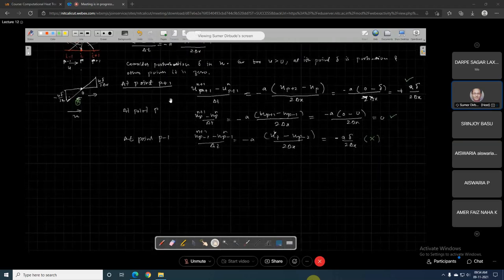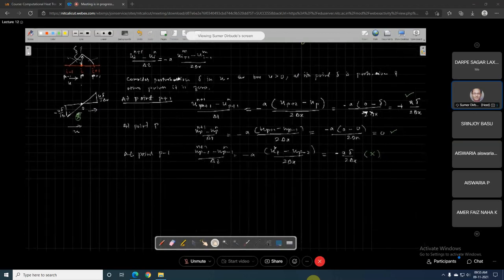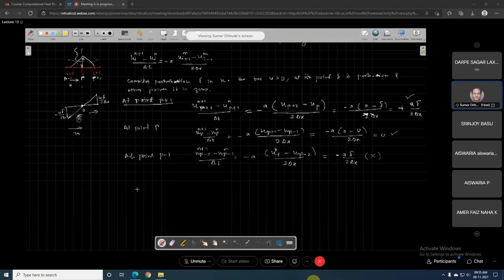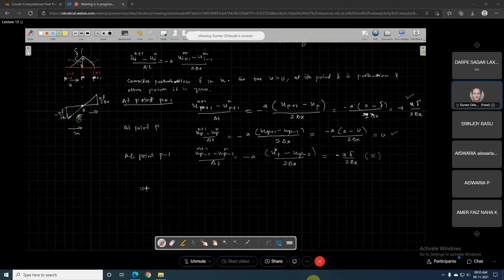Now, suppose instead of this central difference, you use u_i^(n+1) minus u_i^n over delta t equals minus a times u_i minus u_(i-1) divided by delta x, the backward difference.